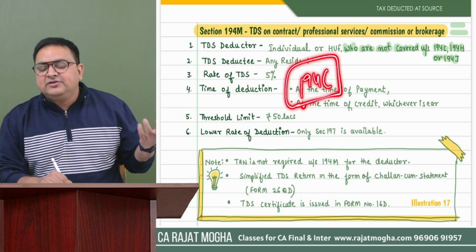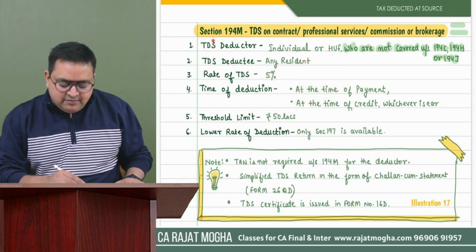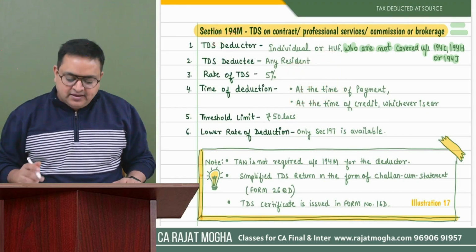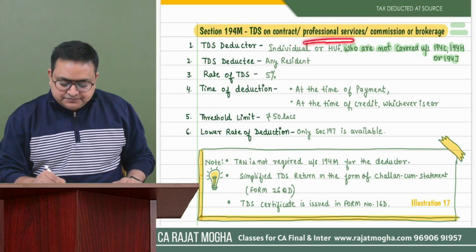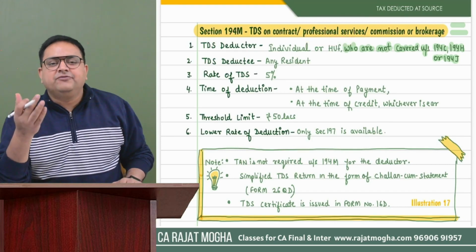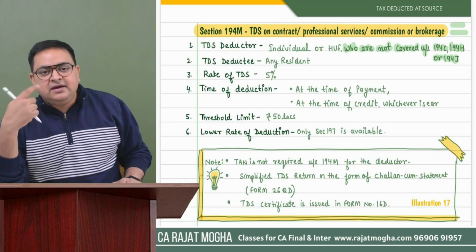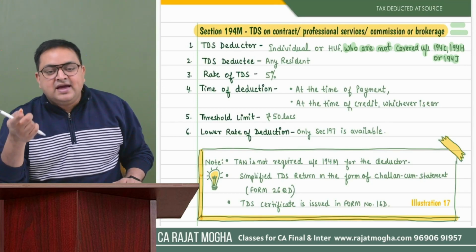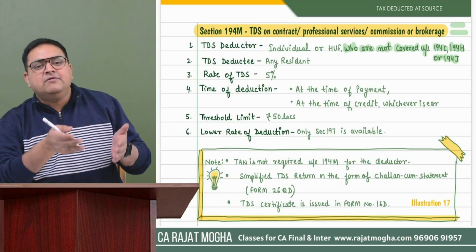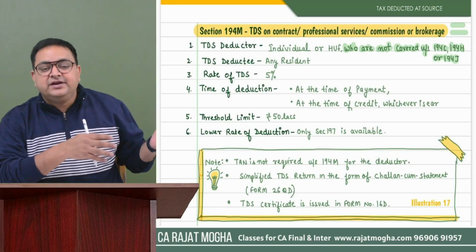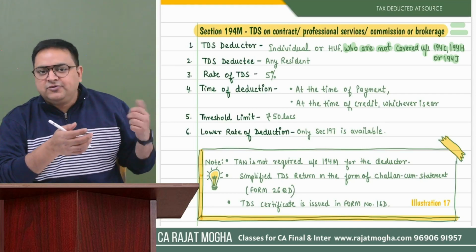But if their turnover is not more than 1 crore or 50 lakh, they will be coming under section 194M. Second is that if you are taking any professional services, so if any individual HUF is paying for professional services, and if they are not able to cover themselves under section 194J, why not 194J? Their turnover was not there.